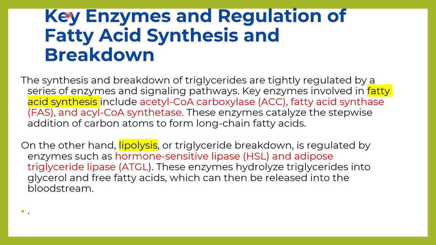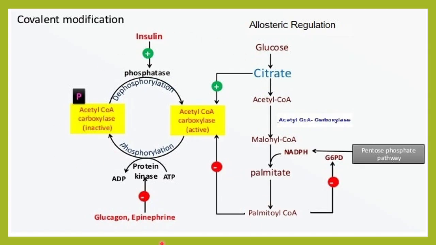So remember, the key enzymes that help in the regulation of fatty acid synthesis and breakdown: for synthesis you require acetyl-CoA carboxylase, fatty acid synthetase, and acyl-CoA synthetase. For lipolysis you require hormone sensitive lipase and adipose triglyceride lipase. So these are the key enzymes for both lipid synthesis as well as lipolysis, helping us do lipolysis as well as lipogenesis.